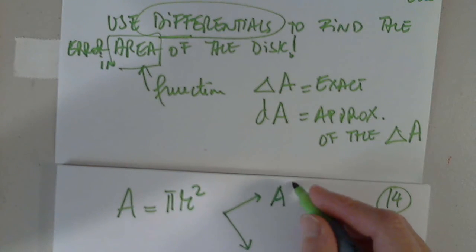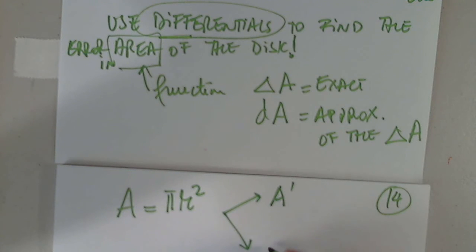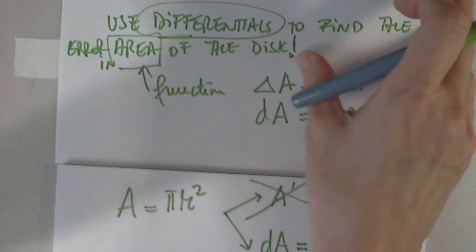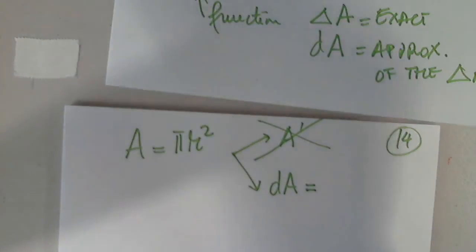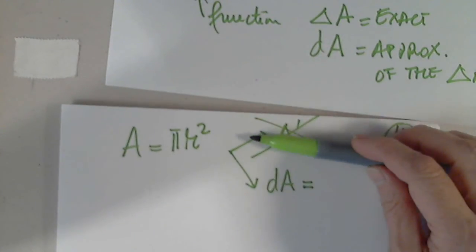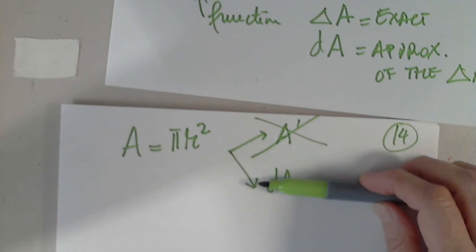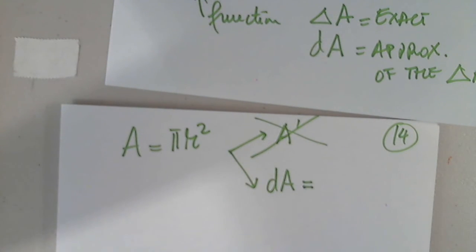I can ask A prime, or I can ask dA. This is not what we are interested in. We want to find dA, which is the differential of A. Can anyone give us the formula for the differential of A? That's why I put them together so you understand the difference. We wrote that a few minutes ago.